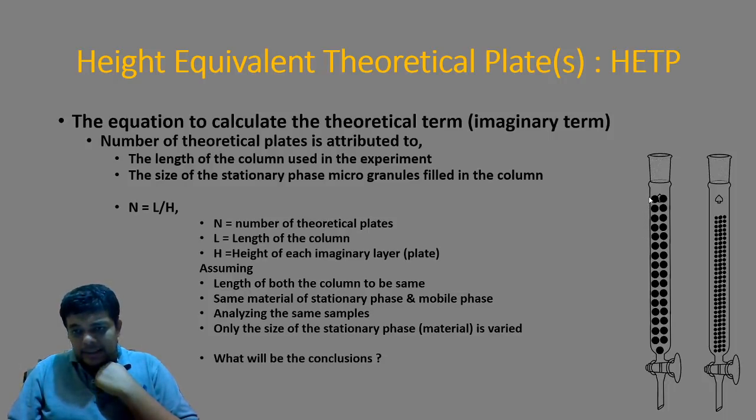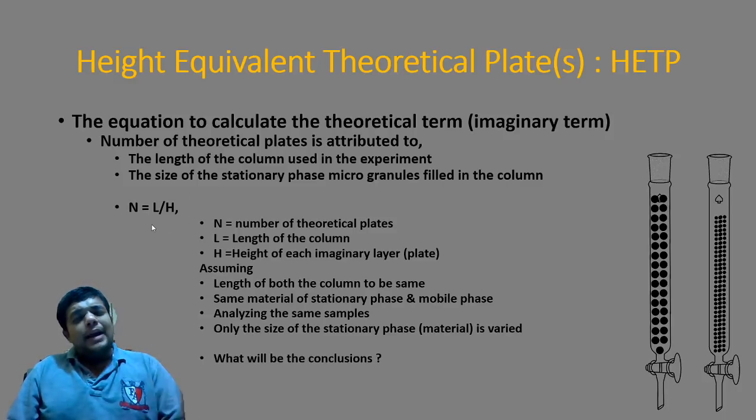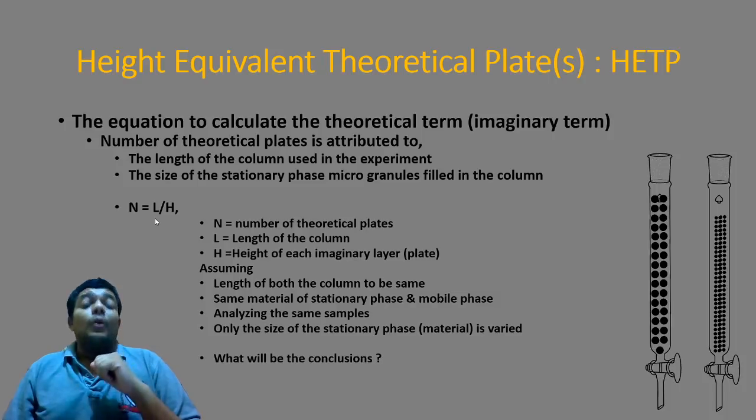And this very little distance is the height of each layer. So N represents the number of theoretical plates, L is the total length of the column, and H is the height of each plate. When I use the formula N = L/H, I end up with the number of theoretical plates.